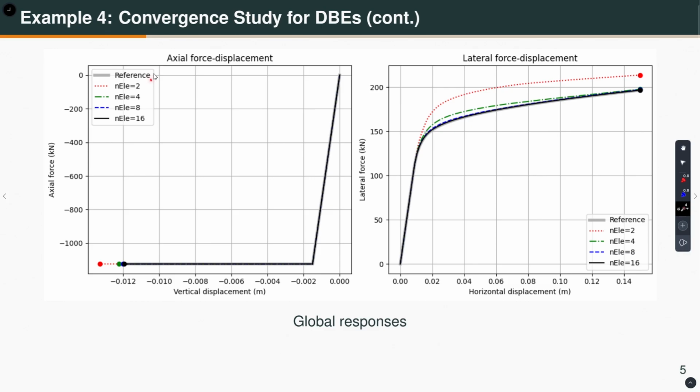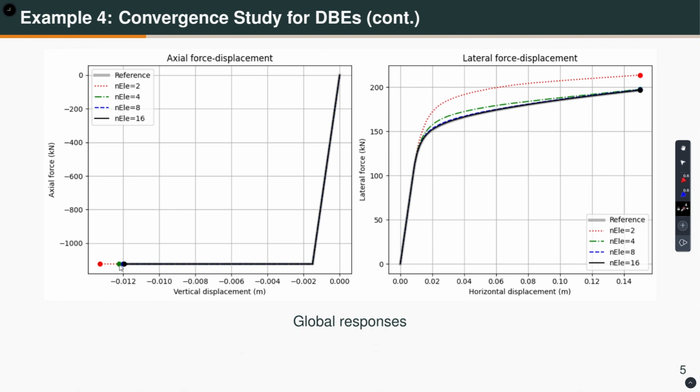So, this is very accurate. For 2, 4, 8 and 16 elements, this is how the response converges. For 2 elements the maximum vertical displacement is this much, which then converges, and you get the final solution.